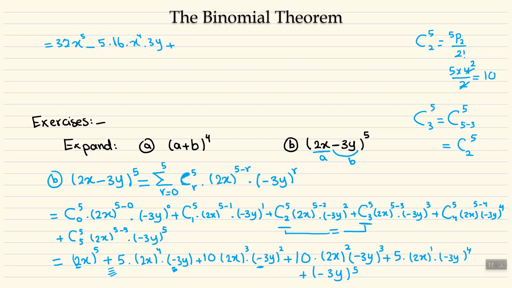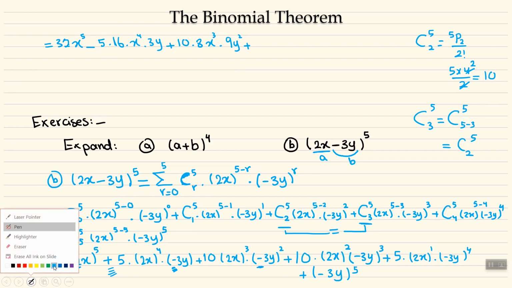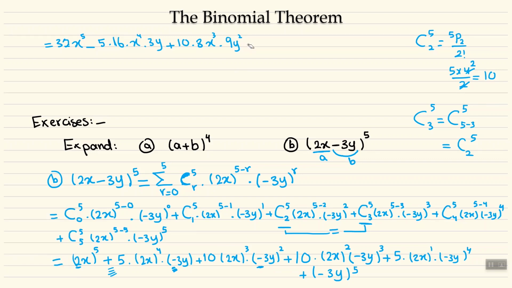Negative squared is positive, times positive is positive. 10 times 2 cubed, which is 8, x cubed, times 3 squared, which is 9, y squared. This is going to be the third term. Plus. Or maybe this is not going to be a plus. This is going to be a minus. Let's see why. Look at this, guys.